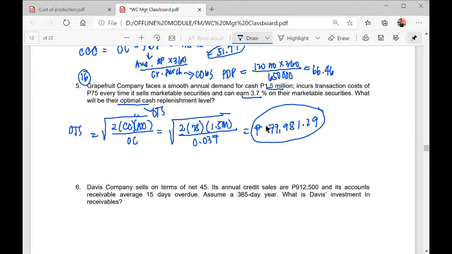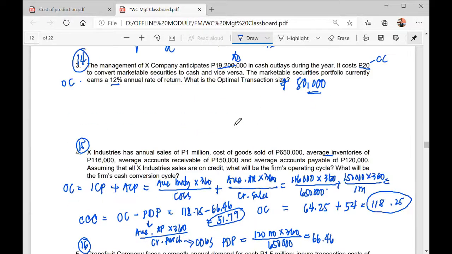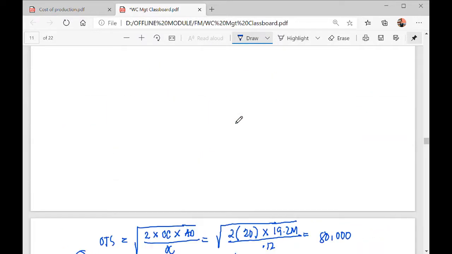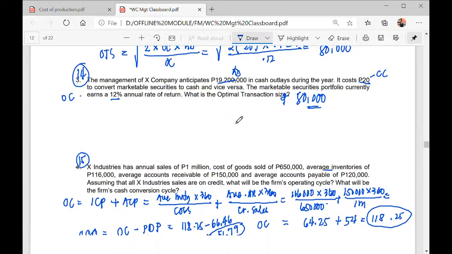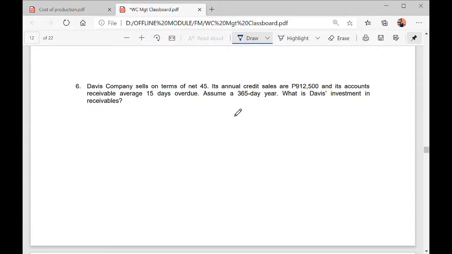So far, okay? The OTS, or the cash conversion cycle and operating cycle? Okay? From here on, the questions start to level up.